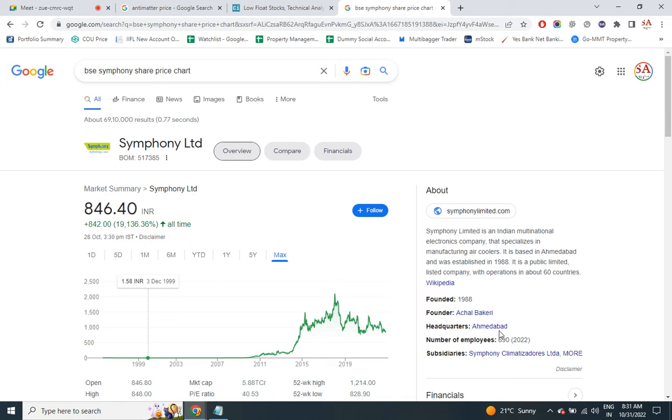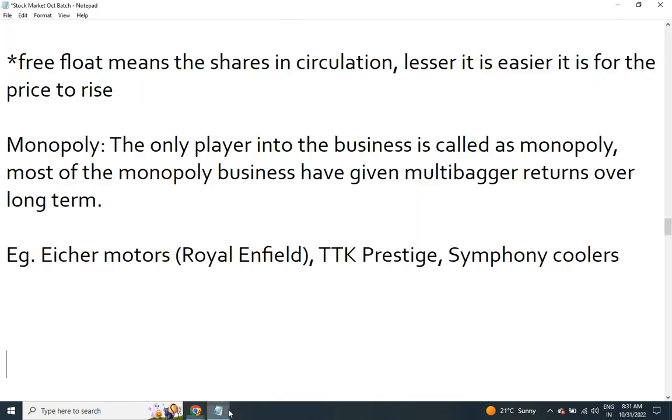We don't have any second brand name in coolers. As popular as Symphony. There are Bajaj coolers and all that, but Symphony with 50% plus market share has the pricing power. If they raise the price, everybody will raise the price. That is how they are. So investing in monopoly business is very, very important, guys.